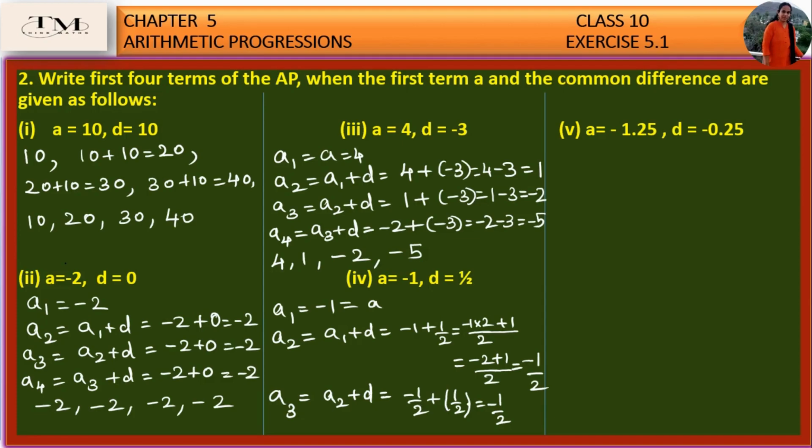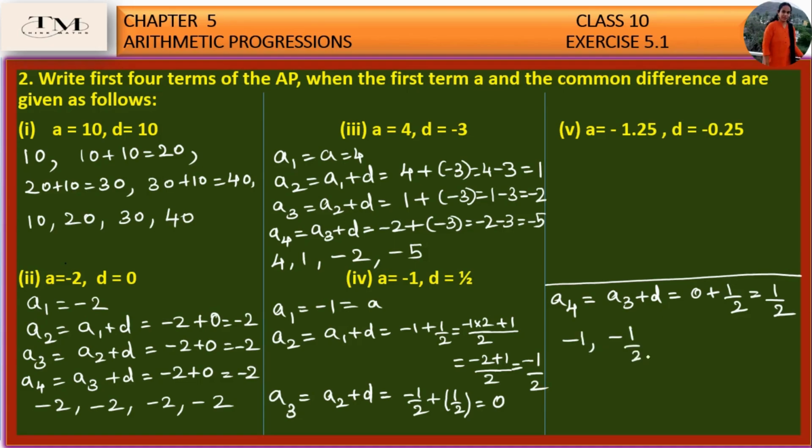So minus 1 by 2 plus 1 by 2 gets cancelled, and the answer is 0. A4 equals A3 plus D. A3 is 0, D is 1 by 2, so 0 plus 1 by 2 is 1 by 2. The four numbers are minus 1, minus 1 by 2, 0, 1 by 2. These are the first four terms of this arithmetic progression.